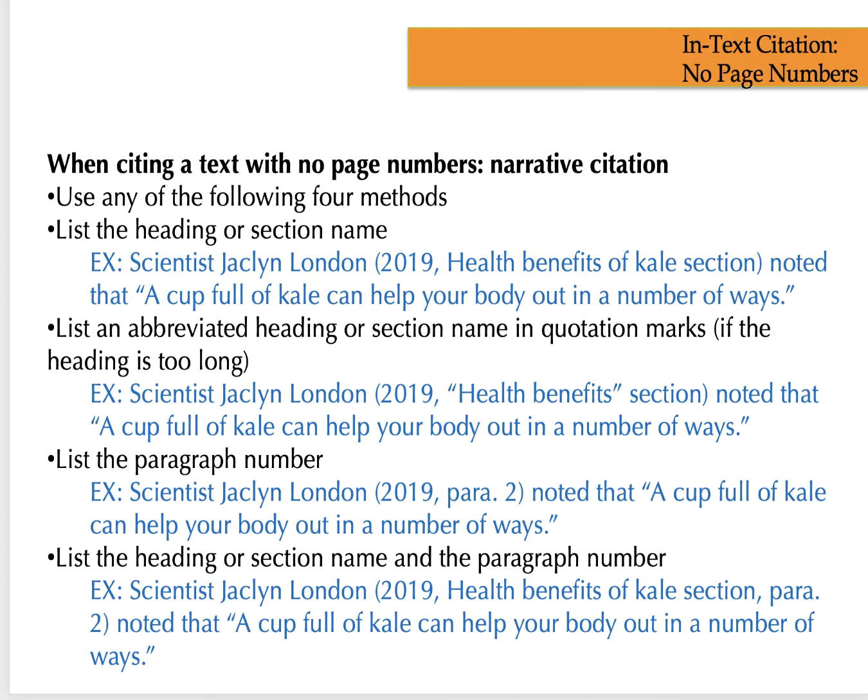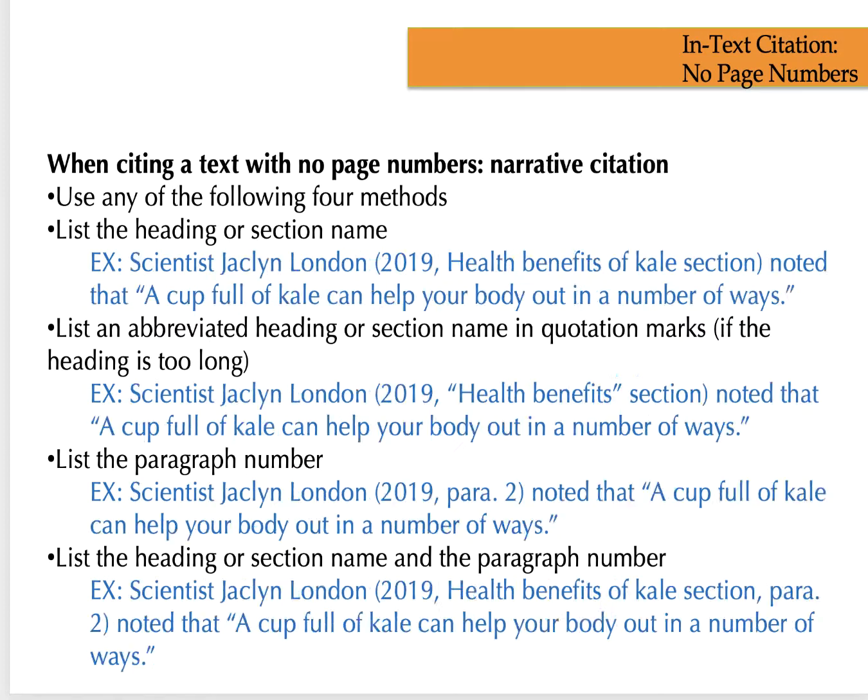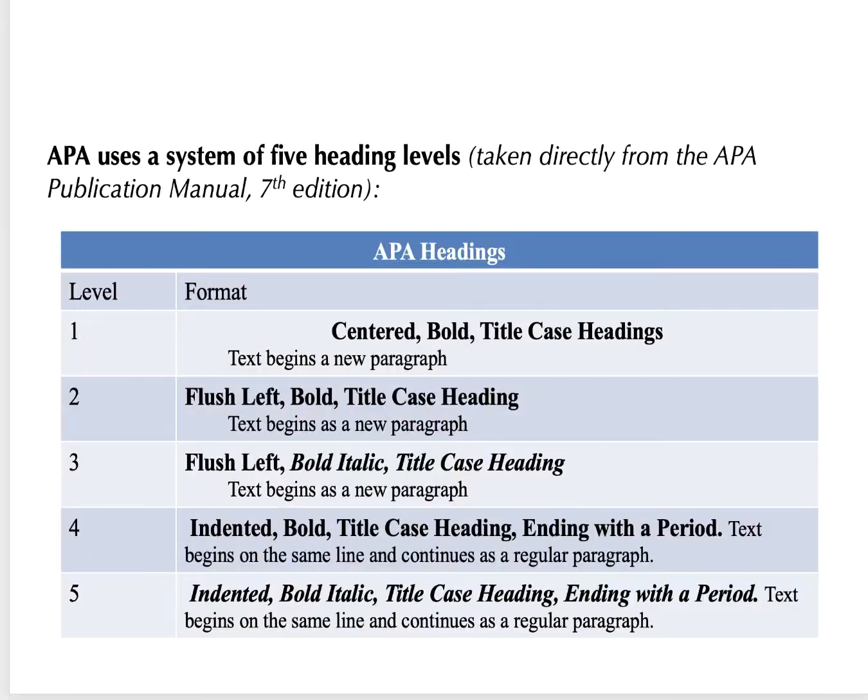Then we just put the year and enough information so you can figure out where the information was found. If I flick back, you can see that it looks very similar. If we look at the first example, London has been taken out of the parentheses. We've still got the 2019 health benefits of KEL section, and the following ones repeat themselves in a similar fashion.